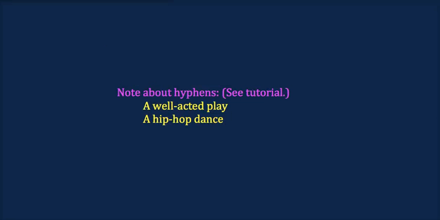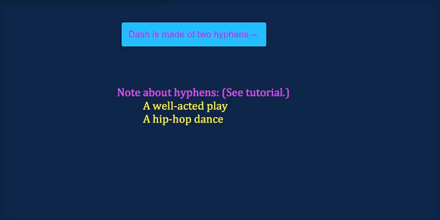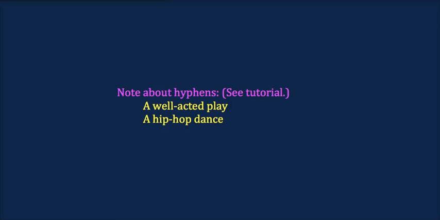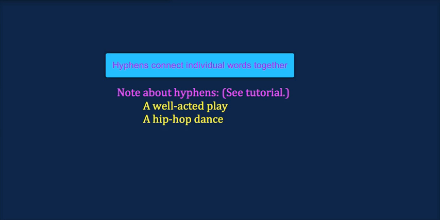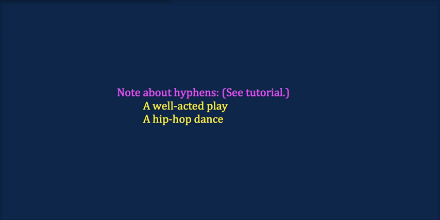Okay, and just to make the point that a dash is made up of two hyphens. What's a hyphen? Well, there is a whole other tutorial about that, but really briefly, a hyphen is used to connect two words, or more than two words, that are acting as an adjective of one concept that is modifying a noun. That's a lot of words for something you probably understand.